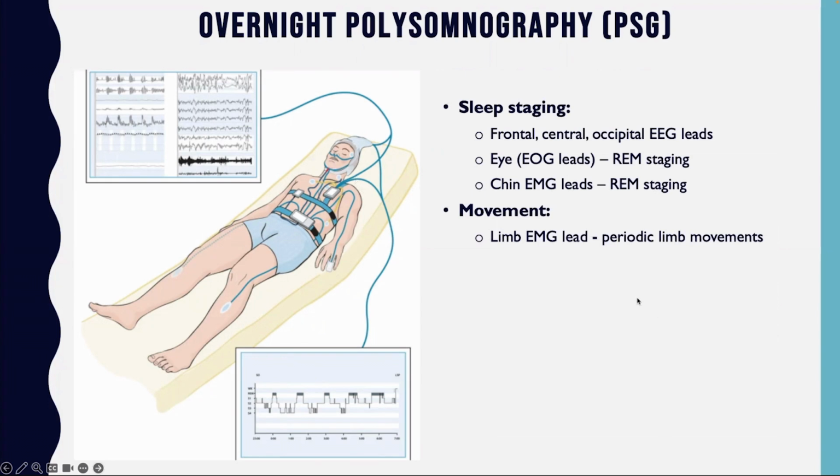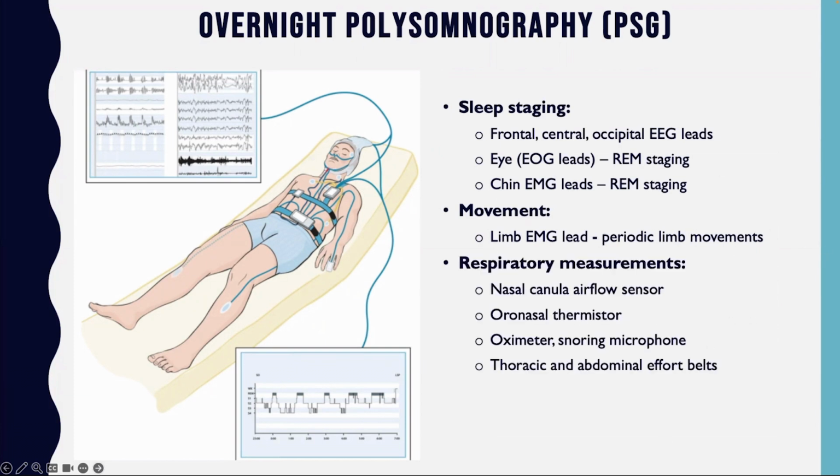We also use limb leads, which allow us to evaluate movement disorders or periodic limb movements during sleep. Additionally, we use several respiratory measures, including the nasal cannula airflow sensor, oximeter, as well as thoracic and abdominal effort belts to help us distinguish between obstructive or central sleep apnea.